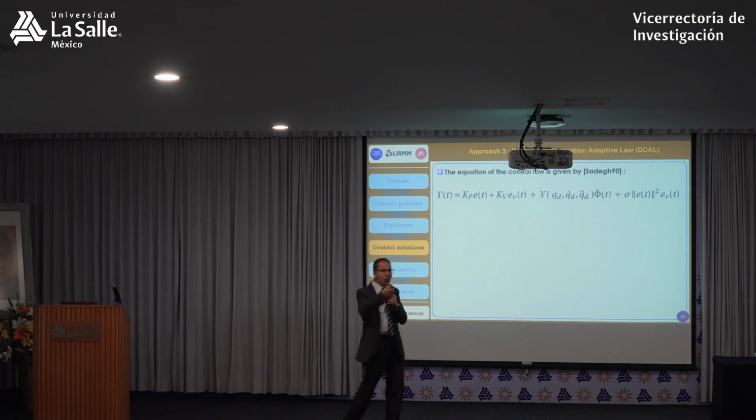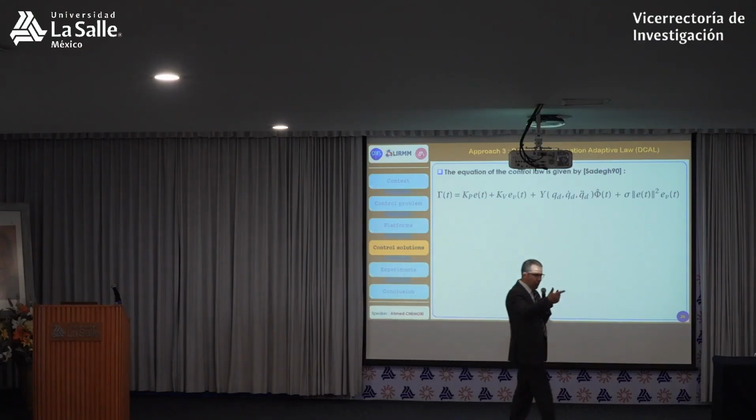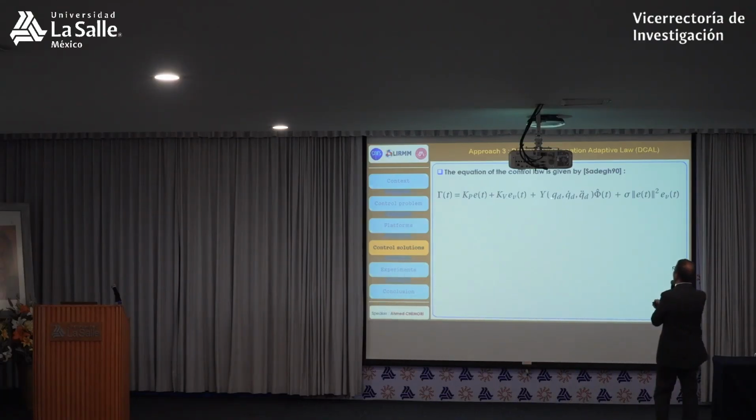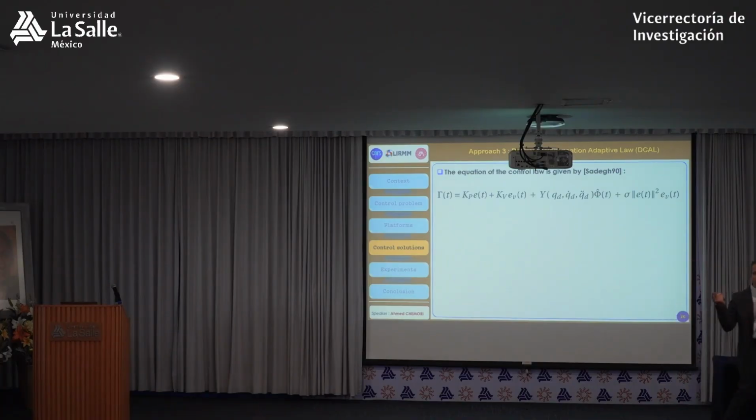Why? Because if you use the measurements, position, speed, acceleration, it means q, q dot, and q double dot. If you look at the robots, what can we measure? Only q. We cannot measure q dot, we cannot measure q double dot. In all the robots that I showed you, we can measure just positions. It means that you need to compute the speed by derivation, and you have to derive it again to obtain the acceleration.